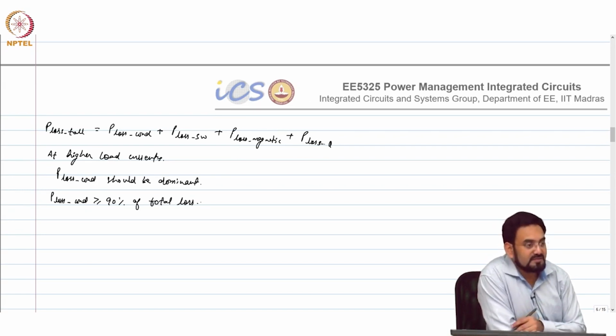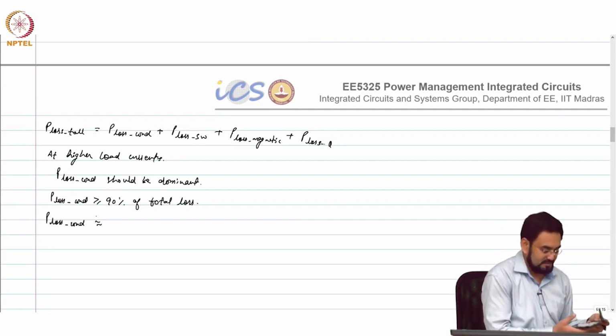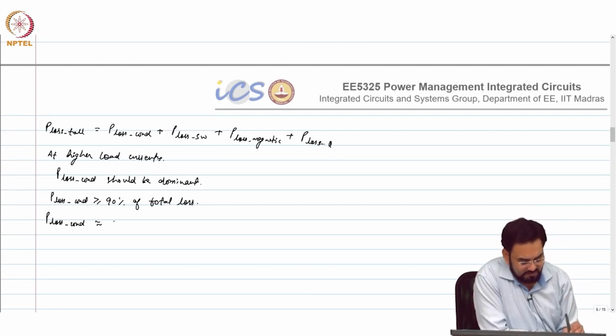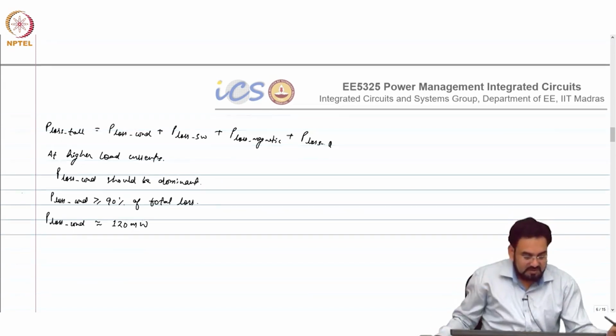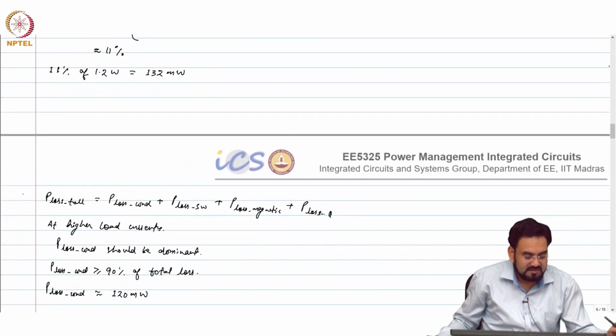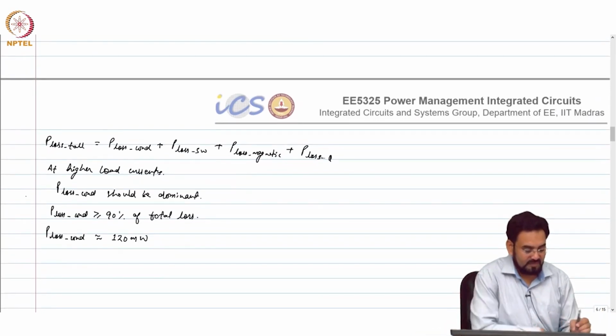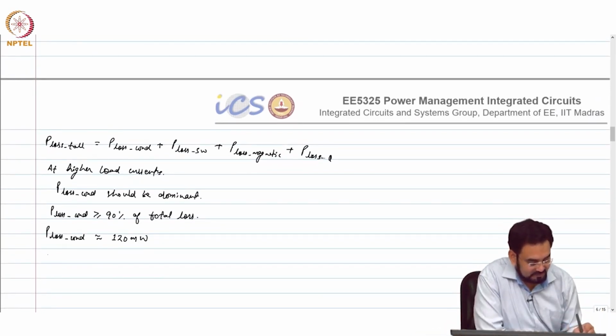When I say 90%, P loss conduction is approximately 90% of 130, roughly 120 milliwatt. So what is leftover?